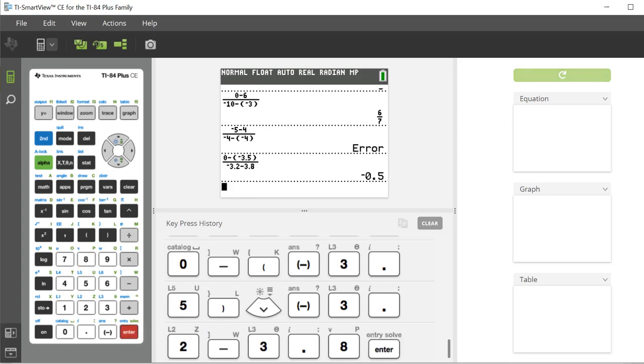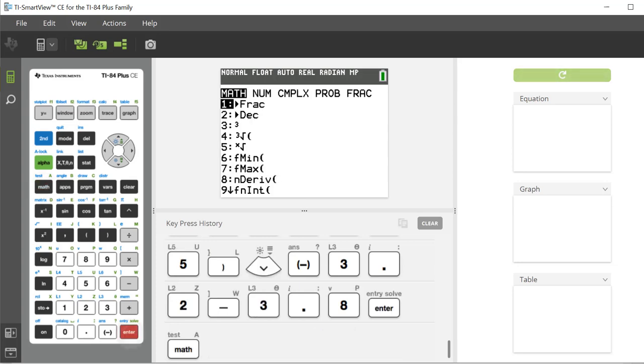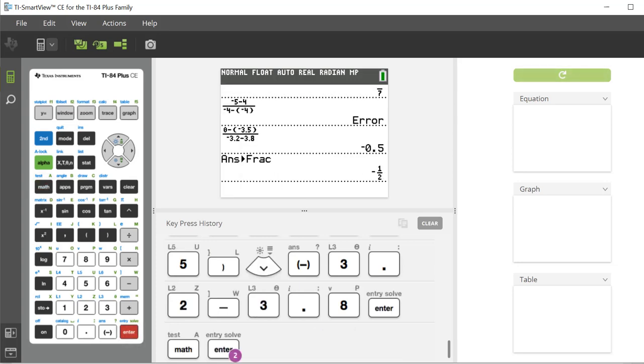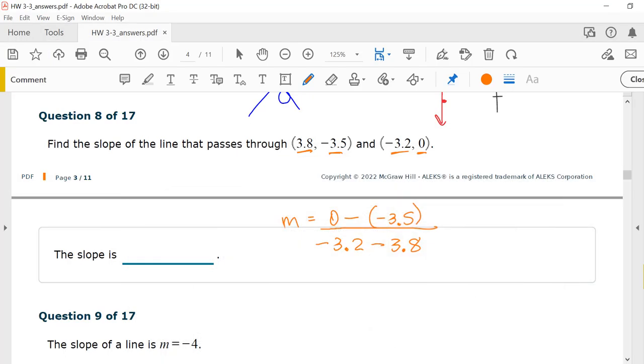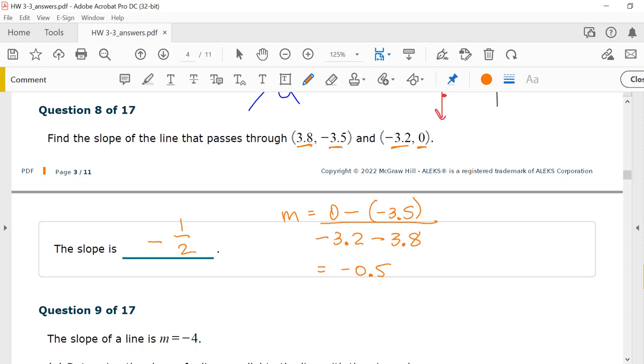We get -0.5. I don't like decimals for slope. I'd rather see that like this, -1/2. Your calculators first spit out -0.5, and I changed that to a fraction of -1/2.